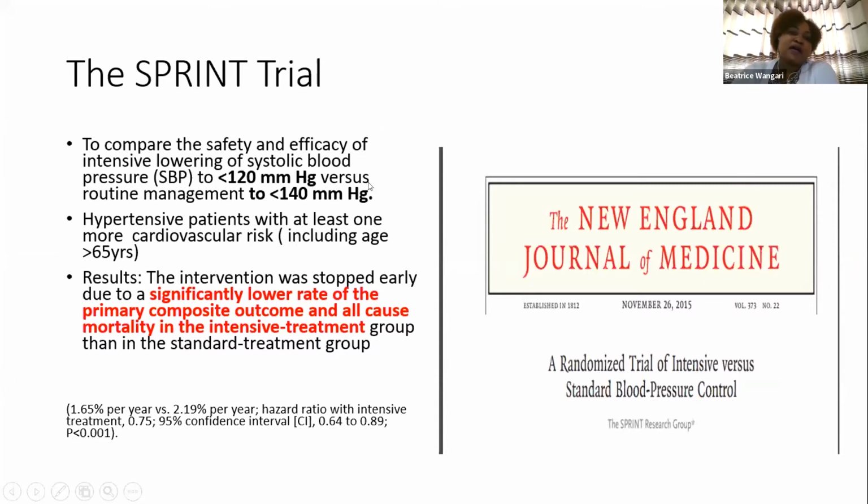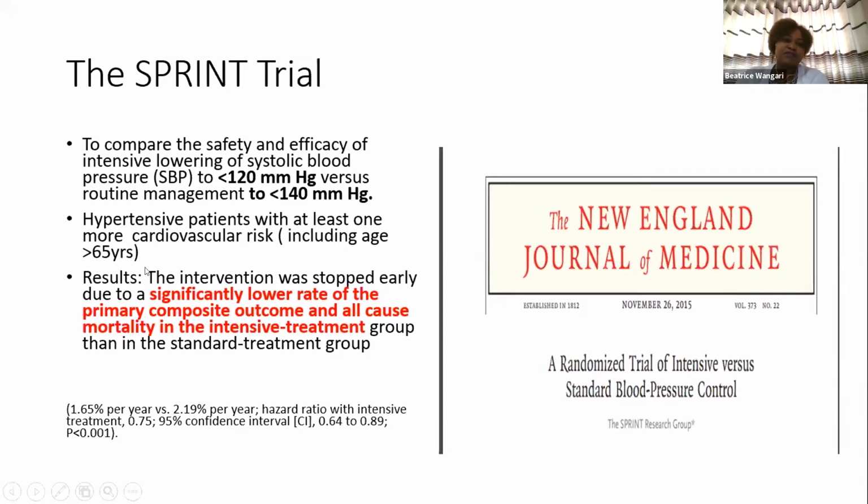This was a randomized multi-center double-blind controlled trial that wanted to compare the safety and efficacy of intensive blood pressure lowering to less than 120 compared to the routine management of less than 140. And interestingly, the study population included hypertensive patients with at least one more cardiovascular risk, including elderly patients above 65.